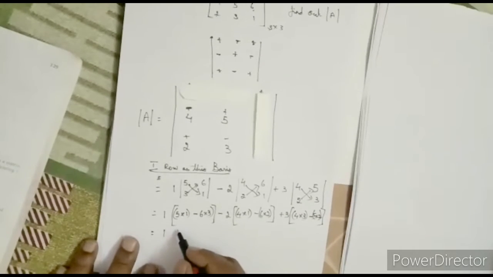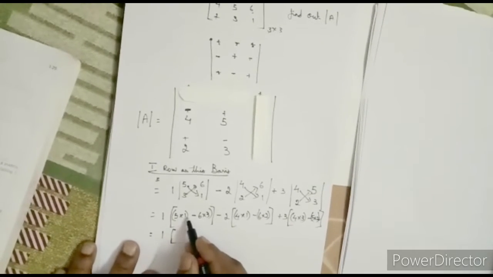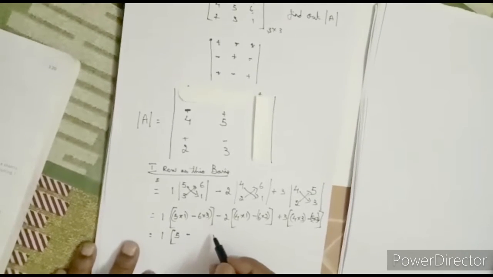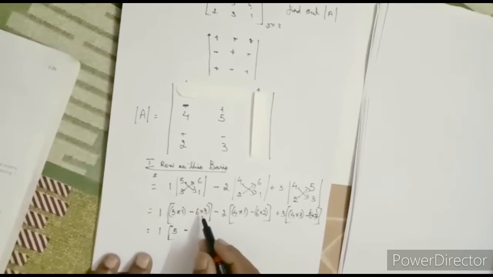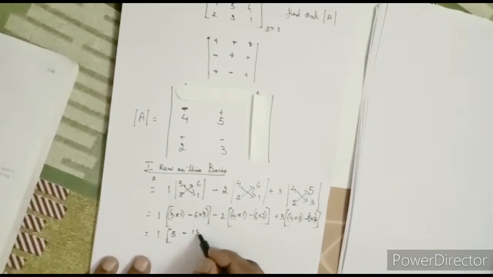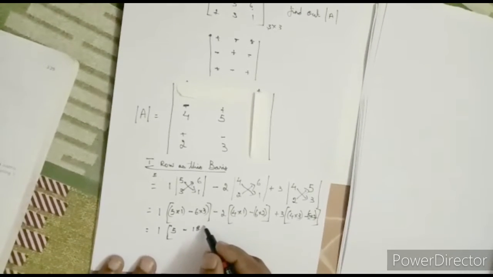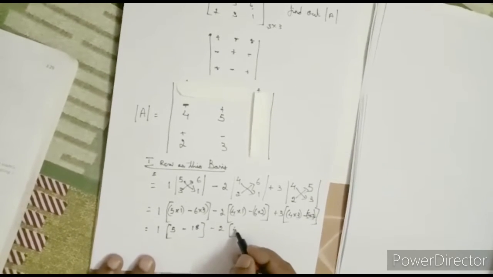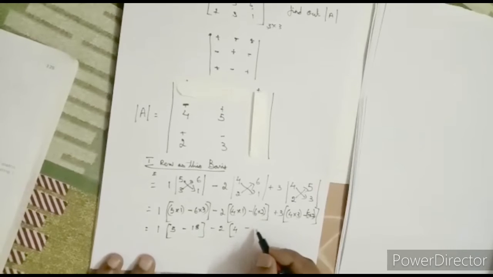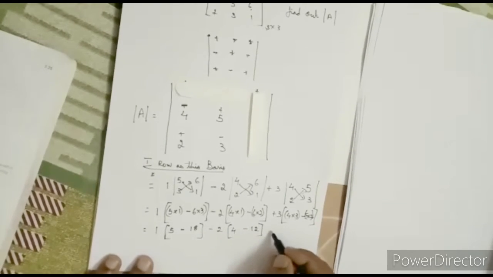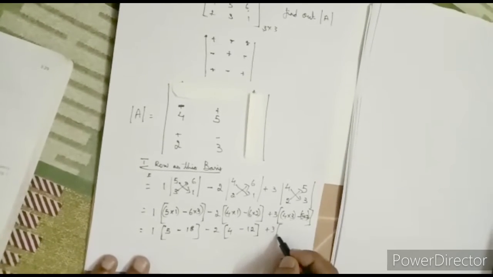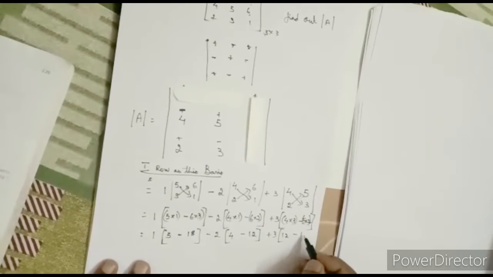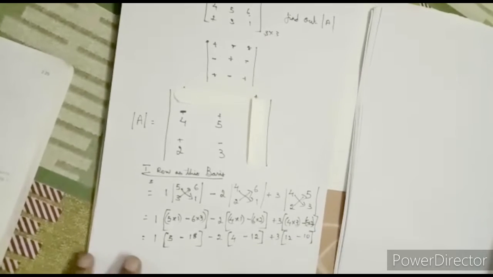1 into 5 ones are 5 minus 6 threes are 18. 6 threes are 18 minus 2. 4 ones are 4 minus 6 twos are 12, plus 4 threes are 12 minus 5 twos are 10.